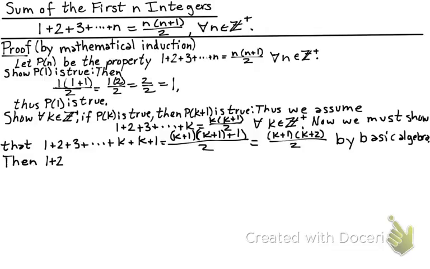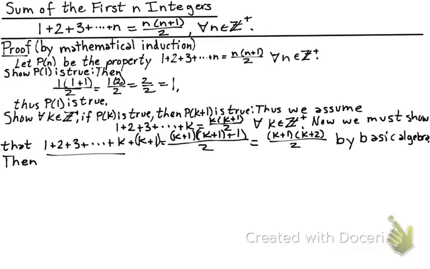But sometimes there's an easier side to use the inductive hypothesis with. Of these two sides of the equation, this left-hand side is much easier to use the inductive hypothesis with, and that's because it's got this part right here, which is part of the inductive hypothesis.